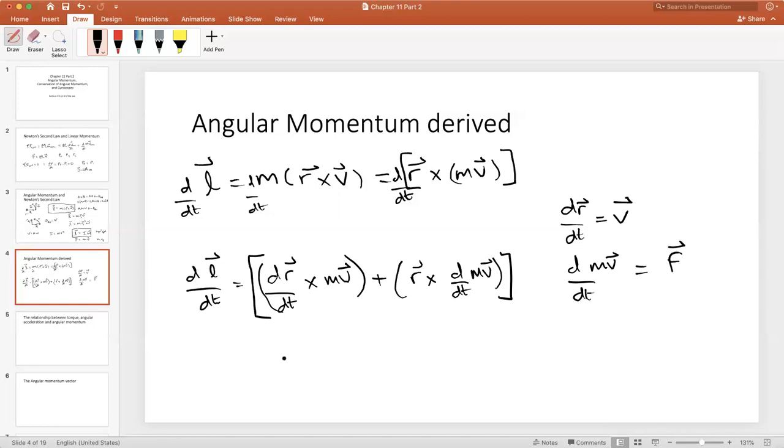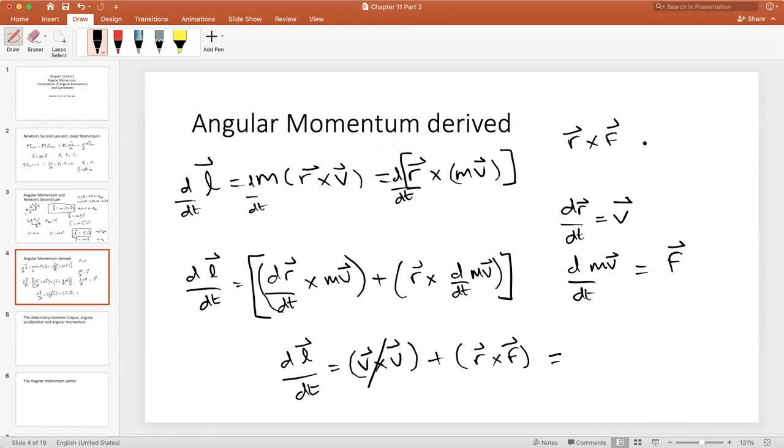So we get that dL/dt is equal to v cross v plus r cross F. And note that for a cross product, a vector cannot cross itself. If the vectors are parallel or anti-parallel, you get a cross product of 0. This is r cross F, and r cross F, we already know what that is. That is a torque.